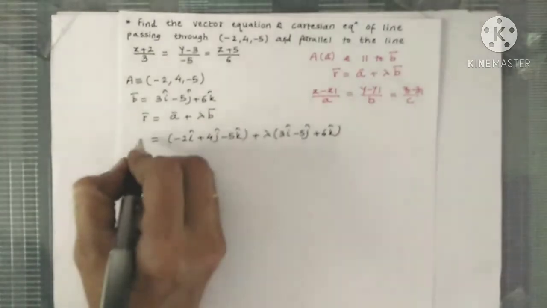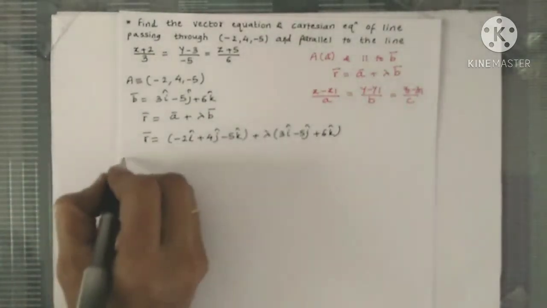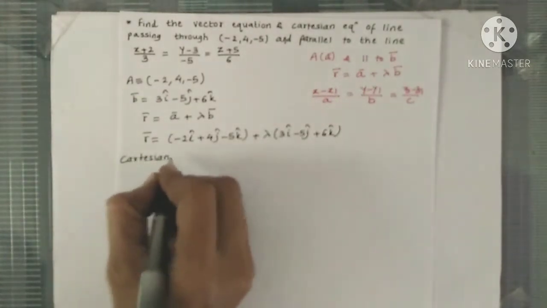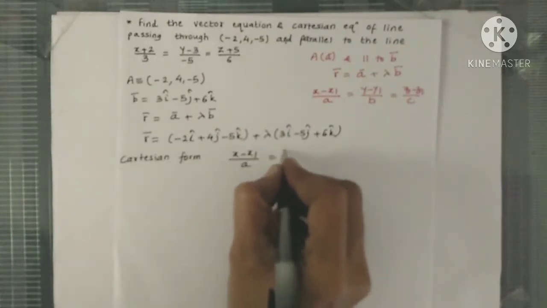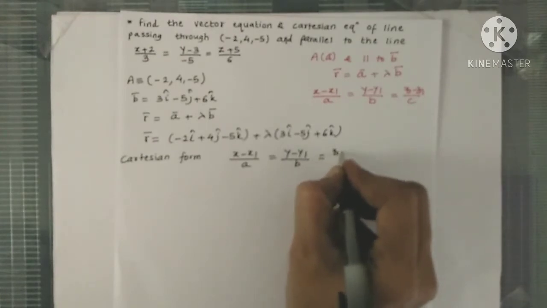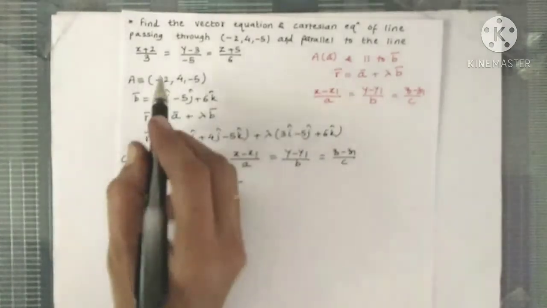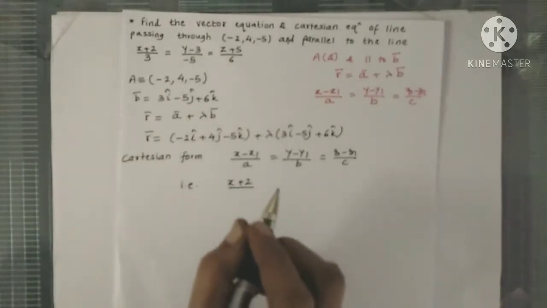So this is vector form of equation of the line. Now let's write the Cartesian form. First let's write the Cartesian form and then substitute the values. Cartesian form of the line is (x - x1)/a = (y - y1)/b = (z - z1)/c. x1 is -2, so x - (-2) becomes x + 2, divided by a.